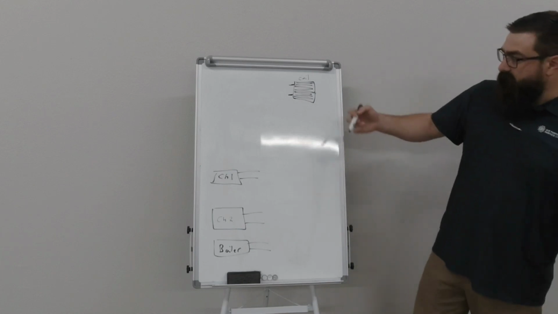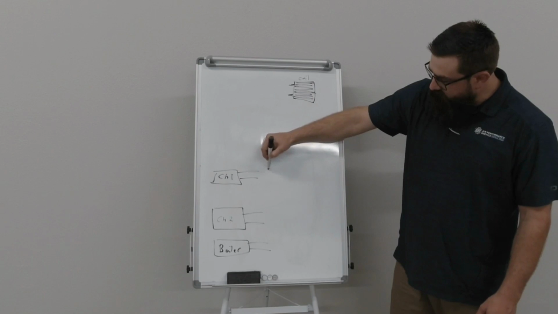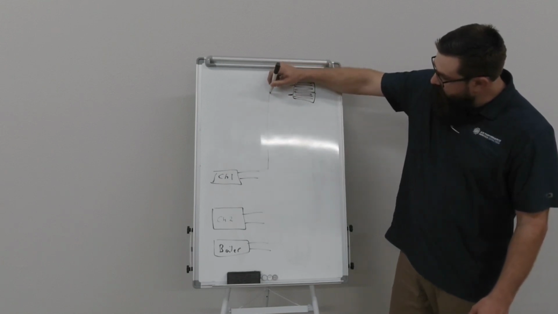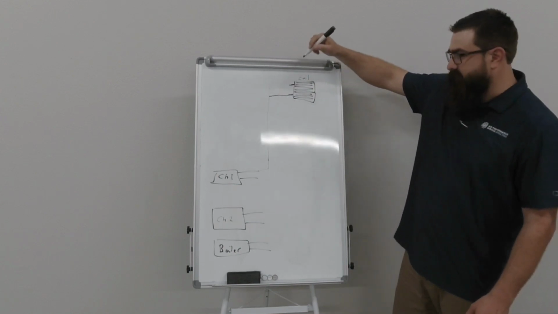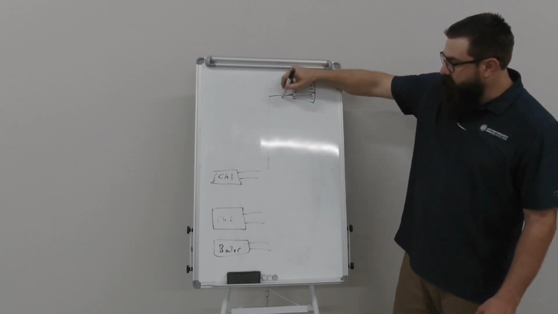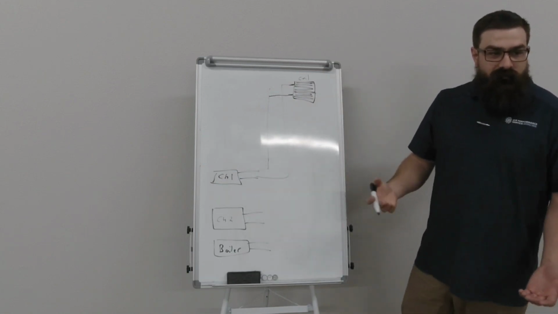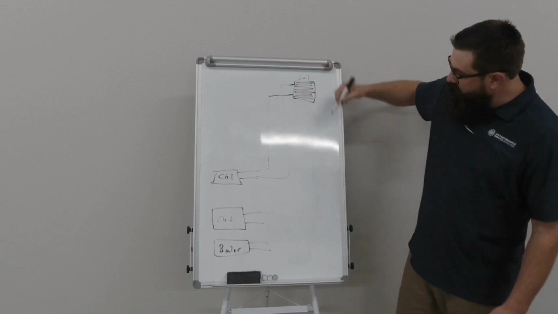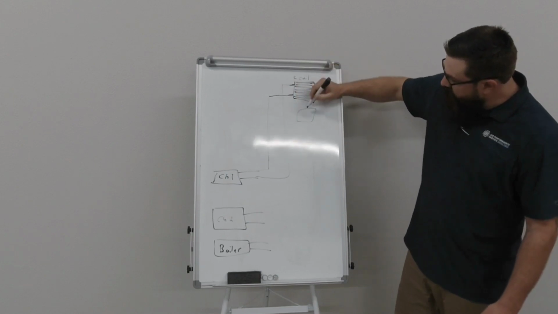So everything has a supply and return. So in theory, this chiller comes out, goes up to the coil, and that's supply water. Then out of the coil, comes back, goes to the chiller. That's a loop. Very simple, 2-pipe cooling, and then you've got your other coil, which would be cooling.